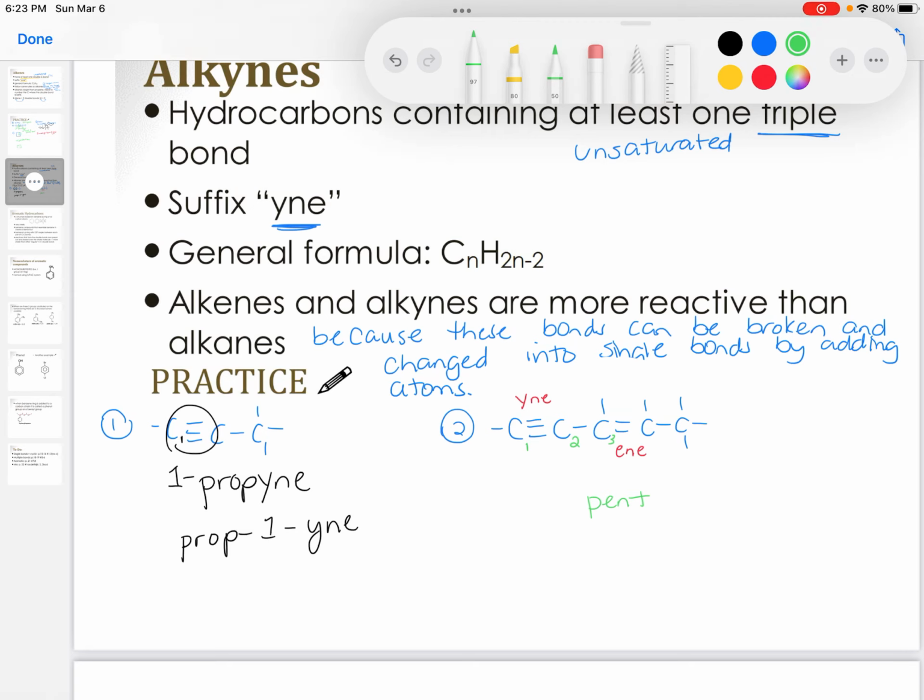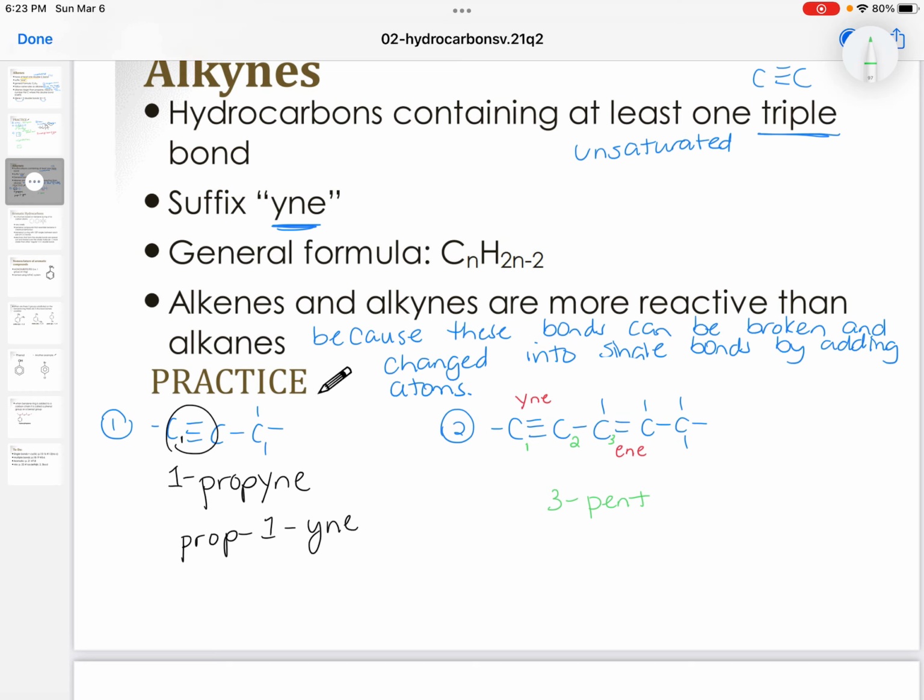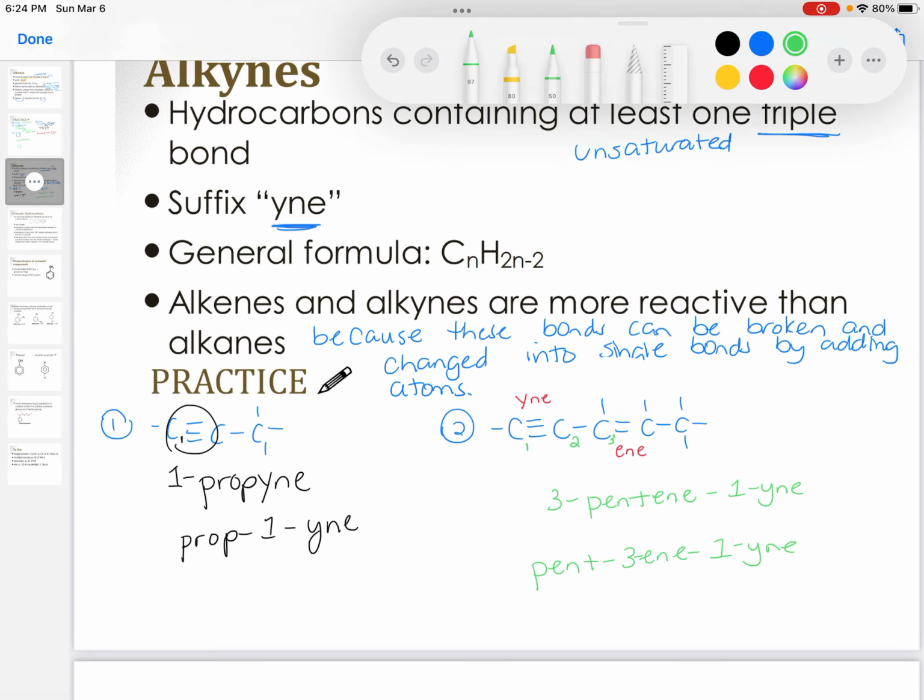Now this time you could do one of them, say, 3-pentene-1-yne. But most people would prefer to do ene, yne. And even though it looks weird, there is an advantage because the number goes right with the thing you're describing. The ene is on carbon 3, the yne is on carbon 1.